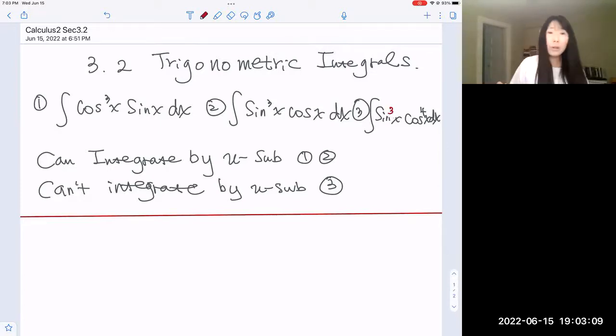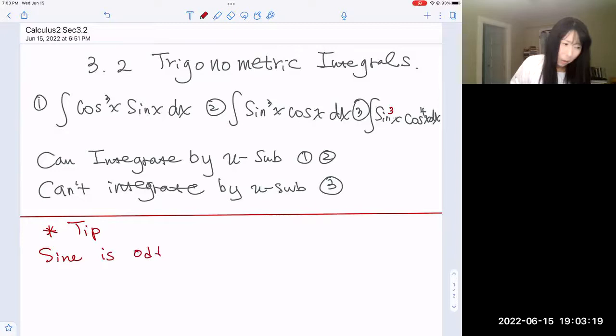So if sine is an odd power, sine is an odd power, then we split off.